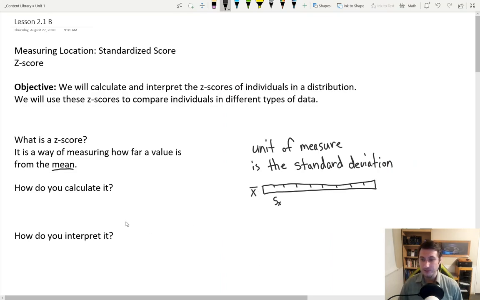How do you calculate it? This is a very simple calculation. A z-score is equal to, you take your value and you subtract the mean, and then you divide by the standard deviation.